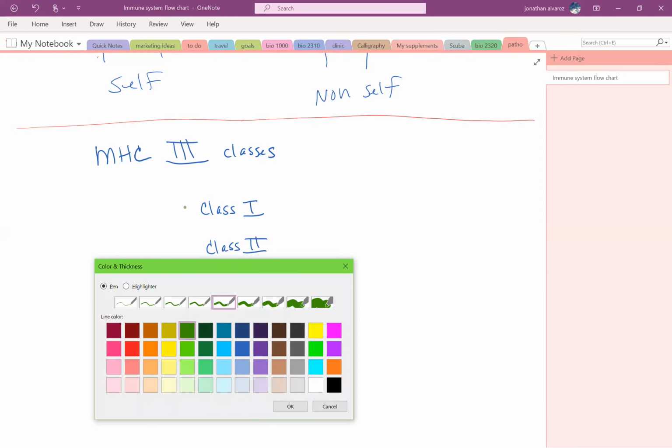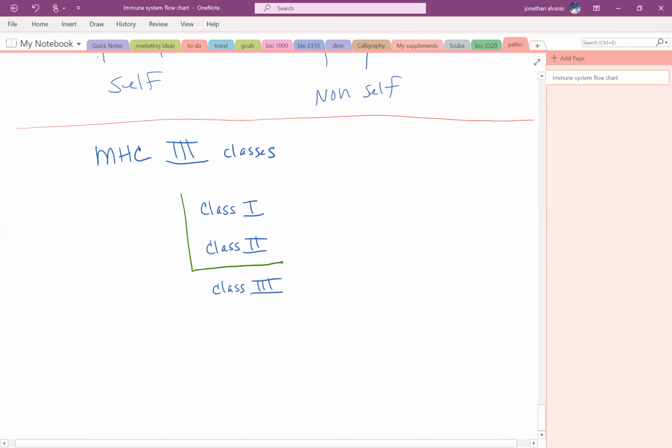Okay, these 2, Class 1 and 2, kind of go together. So that's why I drew the box around them like that. Class 1 and Class 2 are also known as the HLAs.